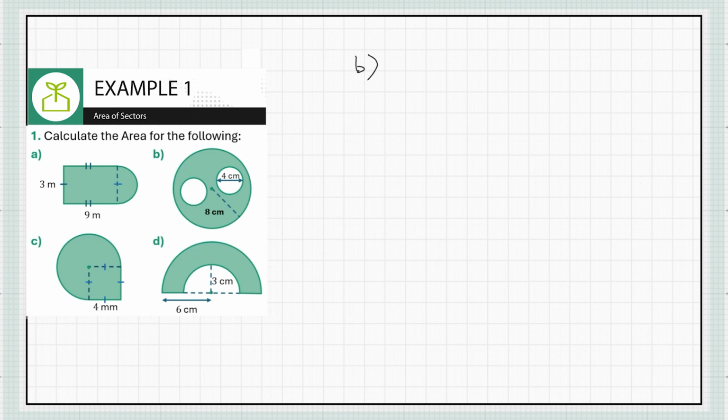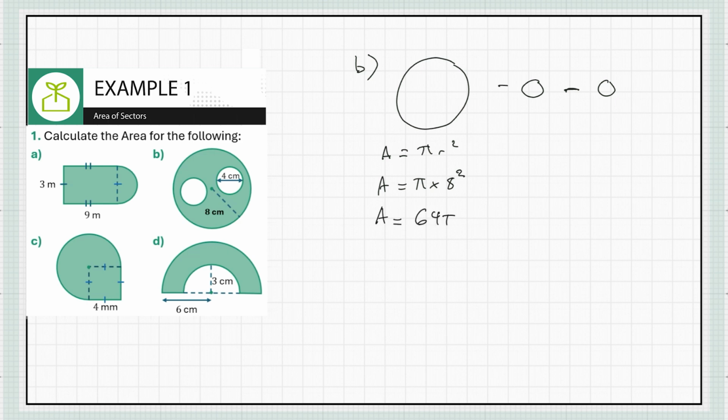If we look at B, what we have is a circle, and then we've taken away 2 smaller circles of exactly the same size. So the area of our initial circle is just going to be pi r squared, so the area is going to be pi times 8 squared, and 8 squared is just going to be 64, so this equals 64 pi.